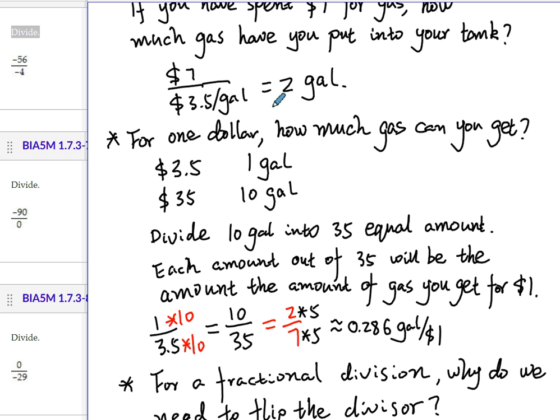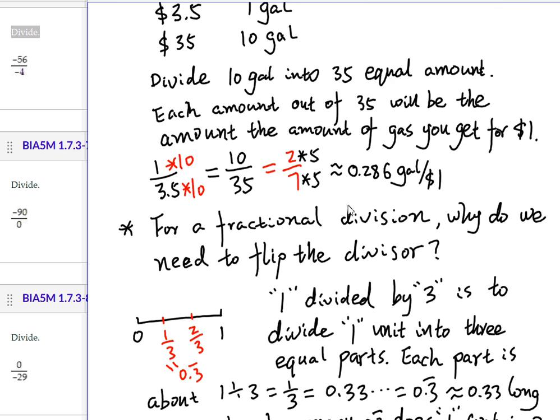Per gallon, then you should have a 3.5. Per dollar, then in this case it is 1 divided by 3.5. Here you want to see the different situations.